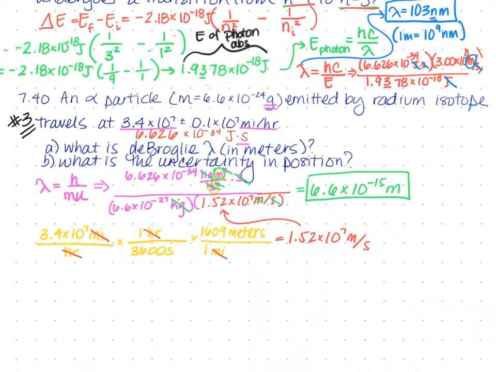So I'm going to write our equation for it here. The Heisenberg uncertainty principle says the uncertainty in position, that's delta x, times the mass times the uncertainty in speed, which really is the uncertainty in momentum, but specifically here we're looking at speed and mass, is greater than or equal to a constant, which is Planck's constant over 4 times pi.